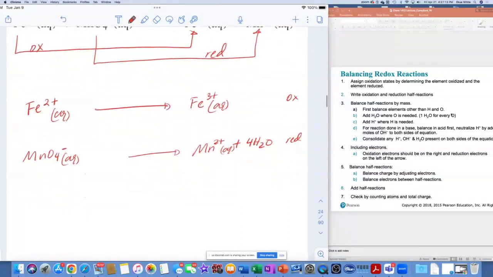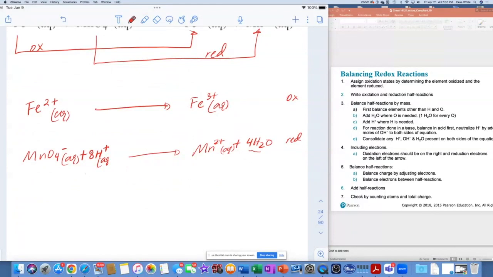Okay? But by doing that, you see right here, I have actually introduced 8 hydrogens. So I'm going to add 8 hydrogens here, 8 H pluses, AQ, because it says in rule number 3C, add H plus where hydrogen is needed. And this is a way of balancing. So once again, we're following the rules.